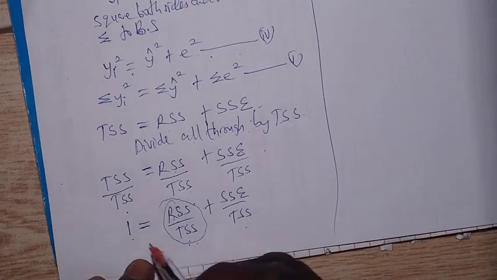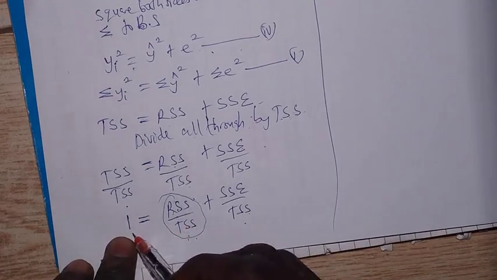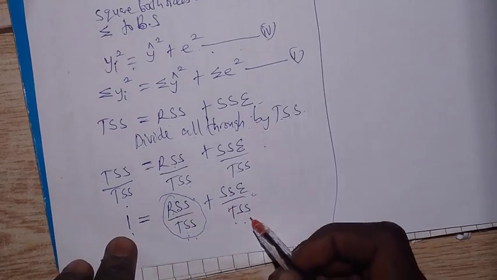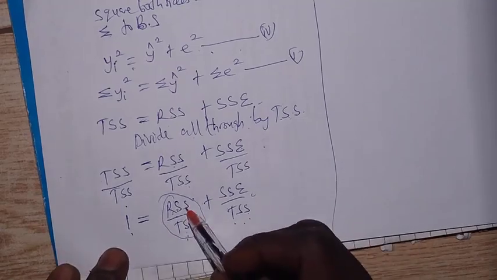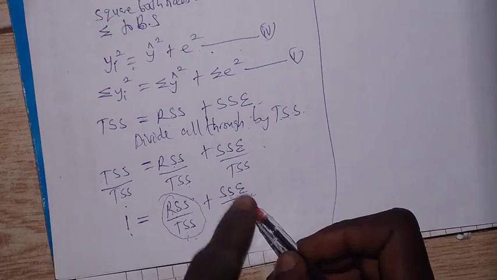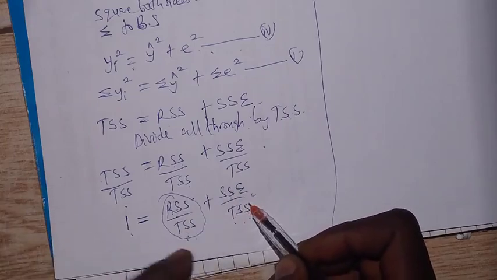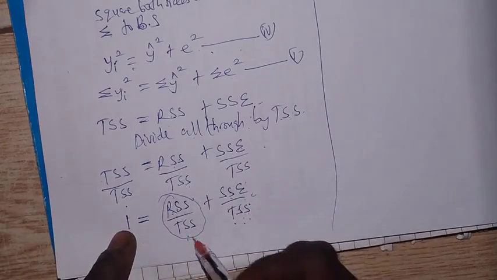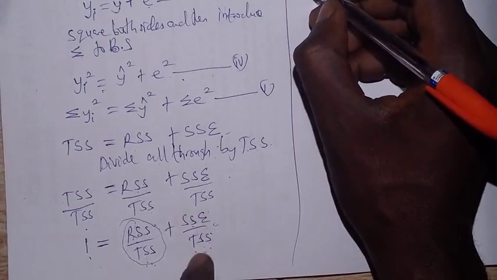Why? Because 1 minus SSE over TSS will give us an important formula again. So how do you make this the subject of the formula? Take this SSE over TSS to the left hand side of the equation. This is from our normal basic mathematics. 1 minus SSE over TSS. Why minus?